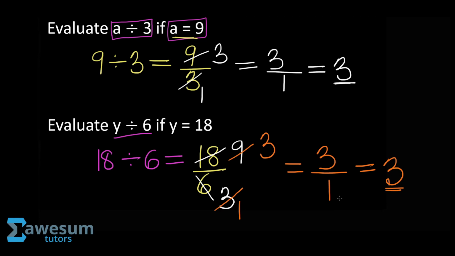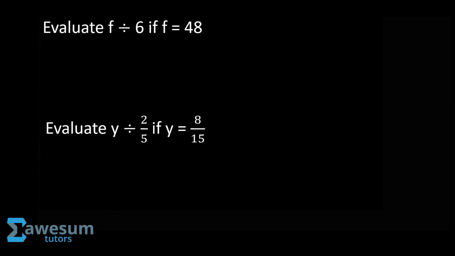Let us take a look at another example. This example says to evaluate f divided by 6 if f equals 48. So now if f is 48, I'm going to write my f right out.